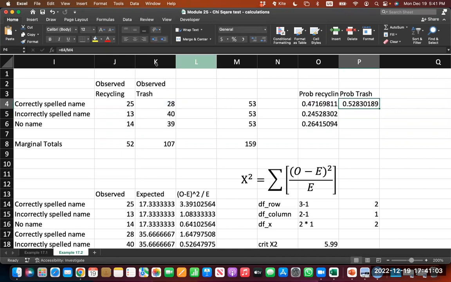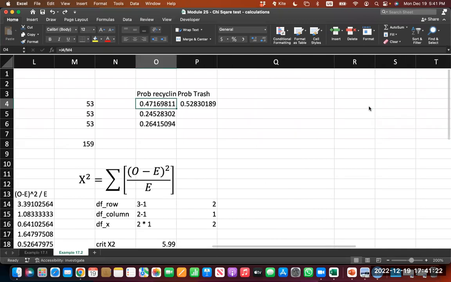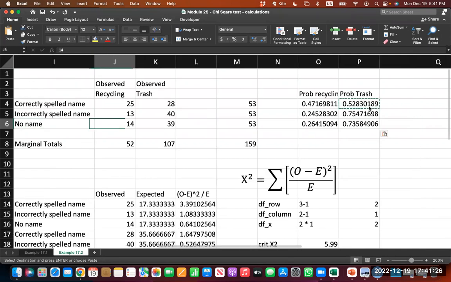Even if there was a correctly spelled name on it, the probability of this cup going into trash was still 53%, which is quite, so to say, a post hoc test, right? If we repeat this now for the other groups, this probability increased substantially.